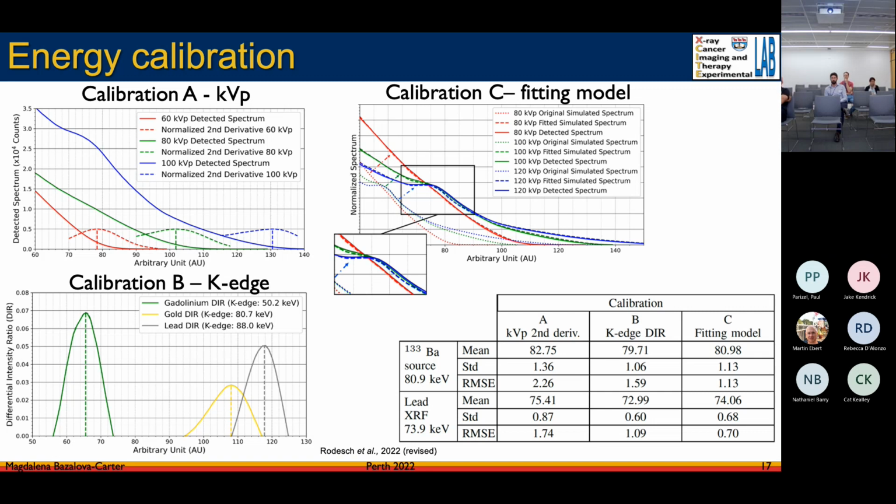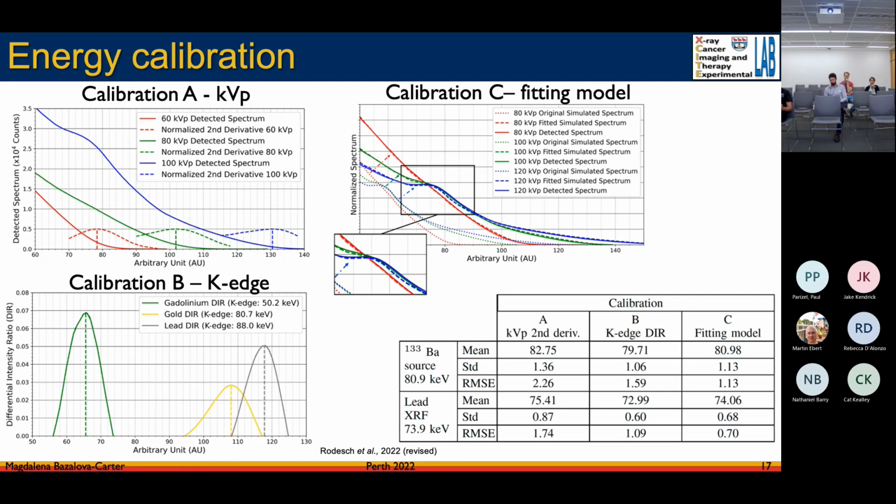In this study, we were basically inducing fluorescent X-rays in a lead slab and measuring the X-ray fluorescence. We made sure that this is the correct peak, and we measured the lead fluorescence with a spectrometer as well, with high resolution.